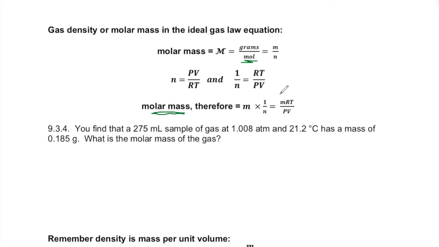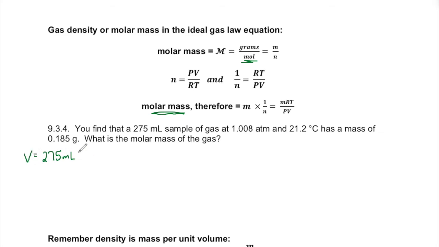They derived the formula that if you want the molar mass directly, you can put the mass of the gas into this equation and you would end up with grams per mole. So let's go ahead and take a look at how that works.